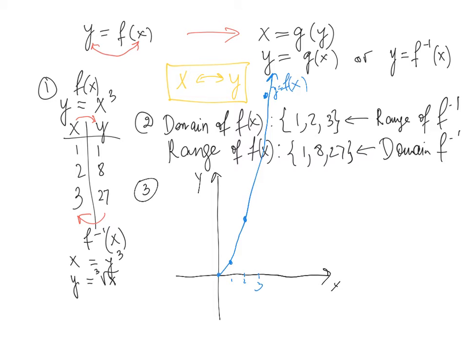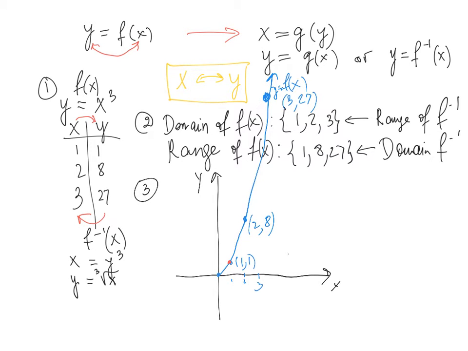Now, I'm going to graph the inverse function. Let me label this coordinate so you could see better. So this is 2 comma 8. This point is 3 comma 27. What happens when I swap x and y? Coordinate swap. So I'm going to use a different color. So 1 and 1 swap doesn't matter. 2 and 8 does.